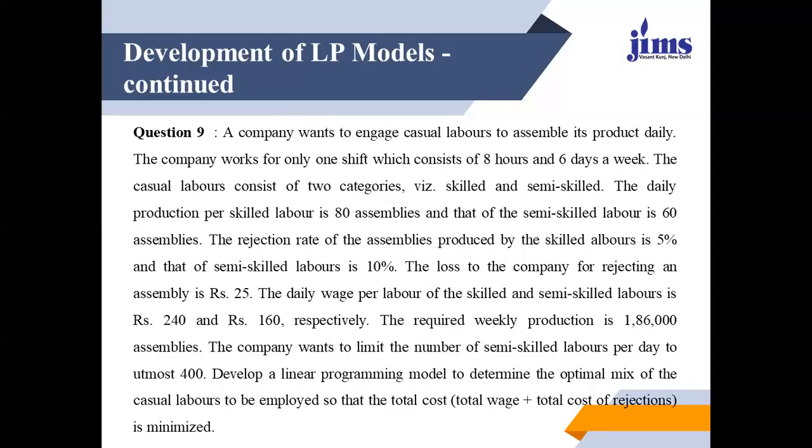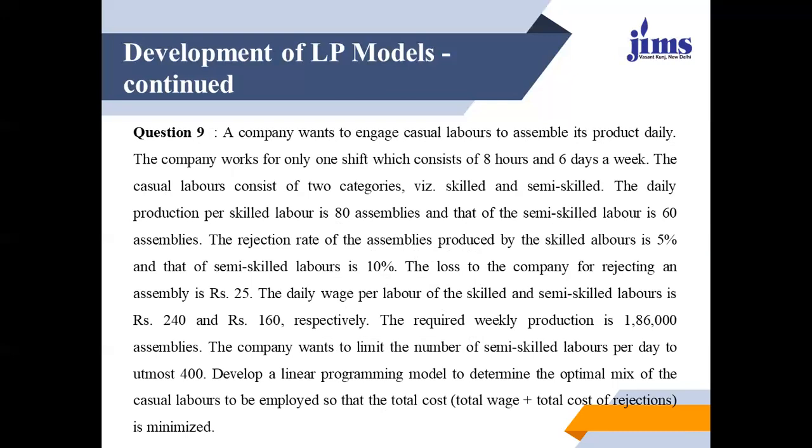The rejection rate of assemblies produced by the skilled labor is 5%, and that of semi-skilled labor is 10%. Means 5% of the assemblies made will be rejected if done by skilled labor, and 10% if done by semi-skilled laborers.